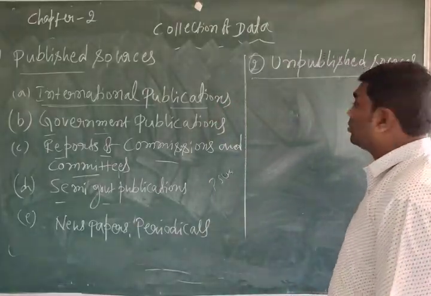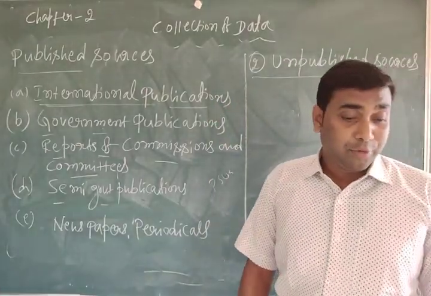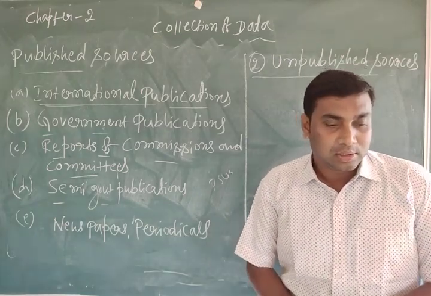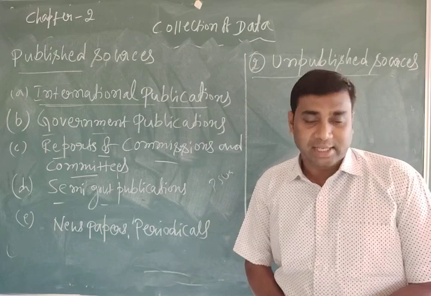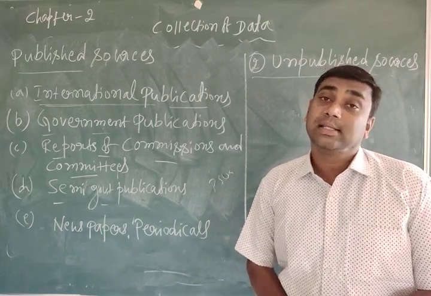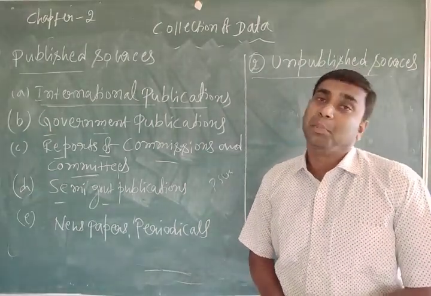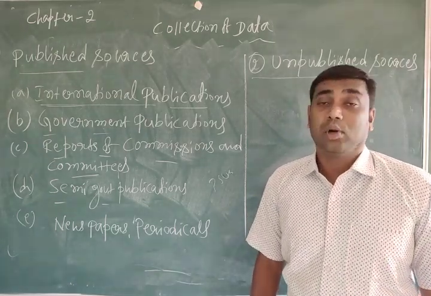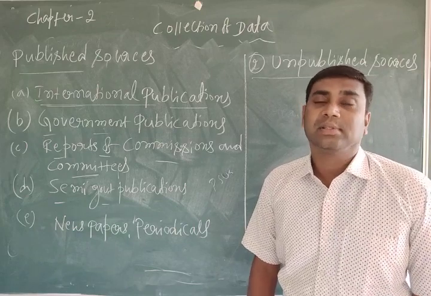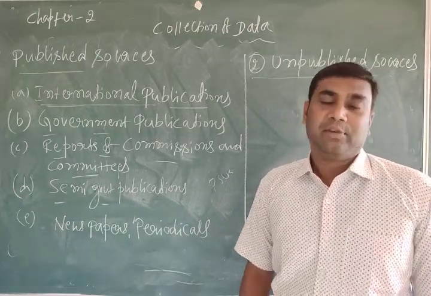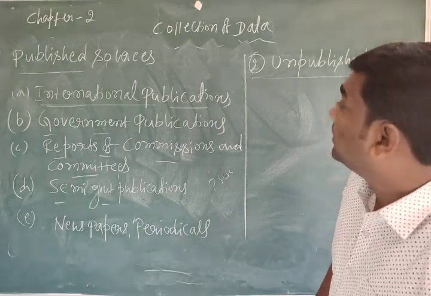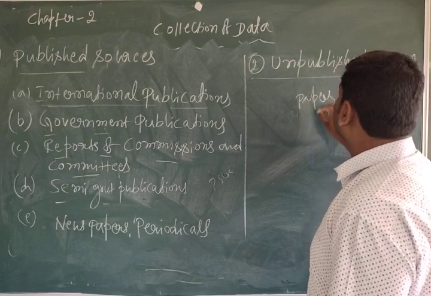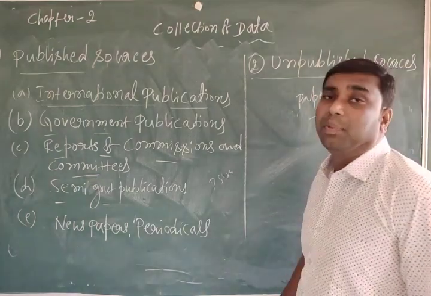Under the unpublished sources, there are a few persons like scholars and researchers. What they identified and investigated, they are not interested to print or publish. They keep what they estimated, identified and wrote with themselves, for their own purpose. That type of papers are considered unpublished sources.